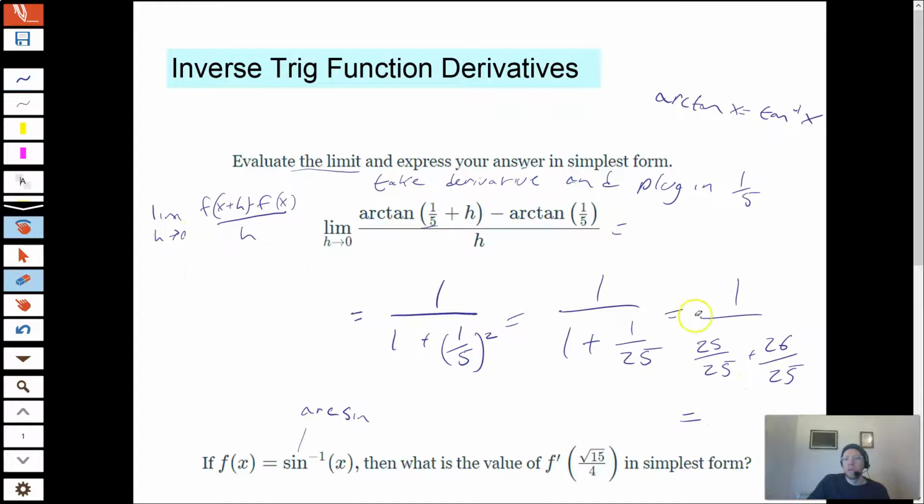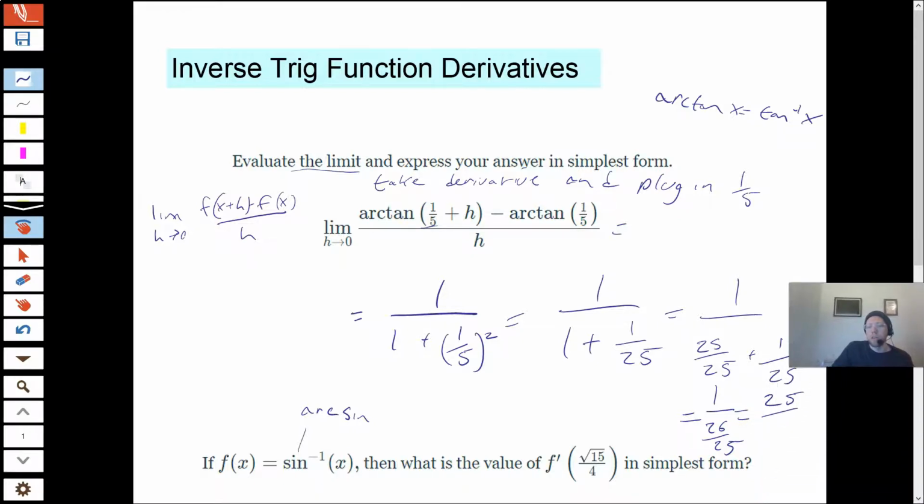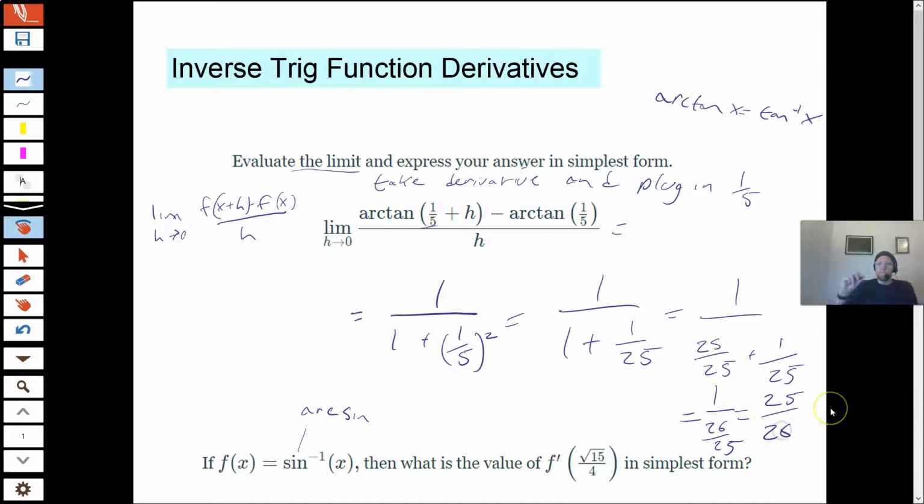So I get 1 over 26 over 25, and that's just equal to 25 over 26, the reciprocal. So there's my solution to the first one. Anytime you see this, especially on an AP style exam, think: okay, limit definition of a derivative. Can I just rewrite this using a derivative rule? And often the answer is yes.